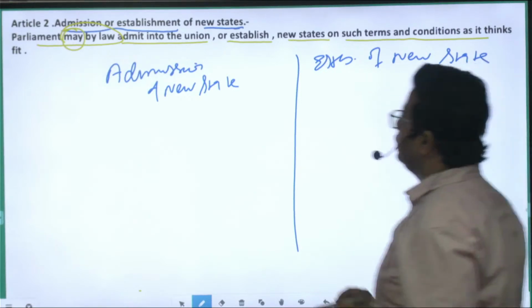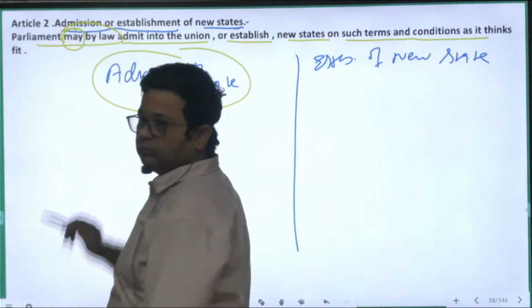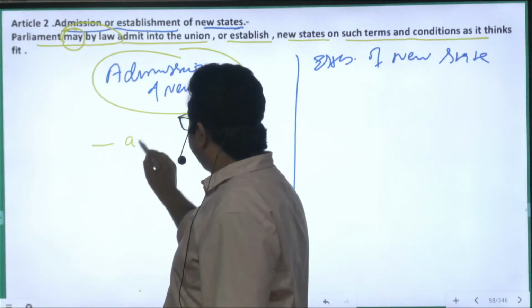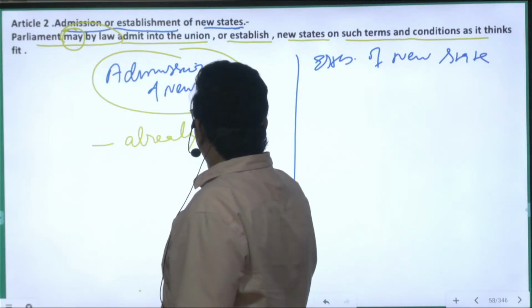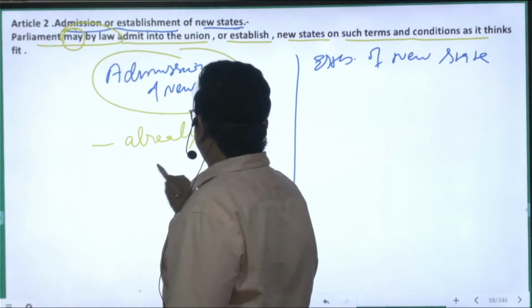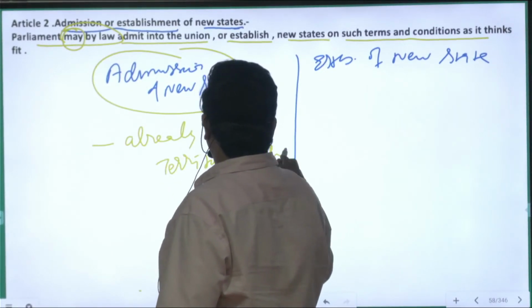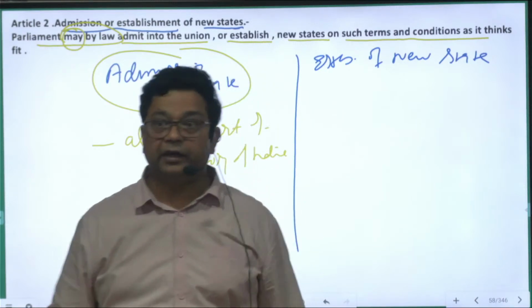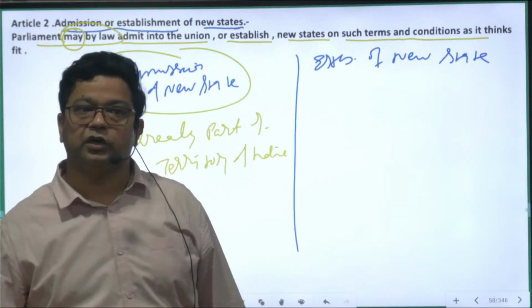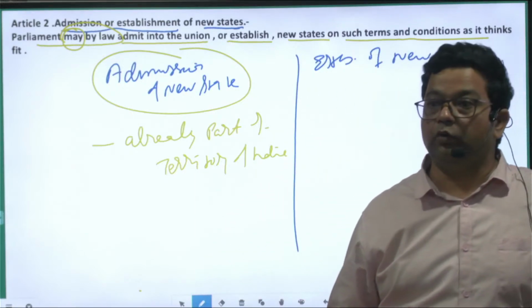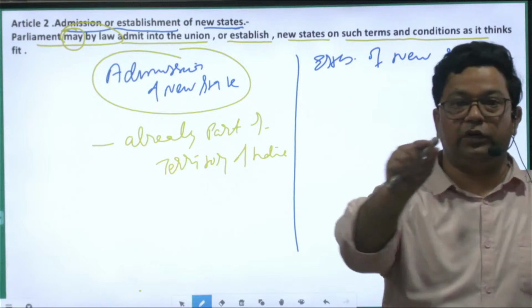Now when we talk about admission of new states, this is about that which is already a part of the territory of India. It means admission of a new state is allowing the parliament to include into the federal structure, union of states.